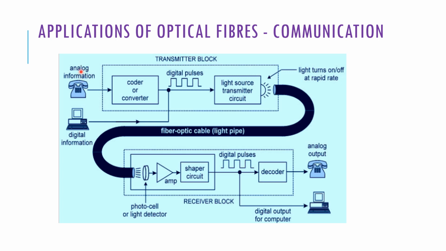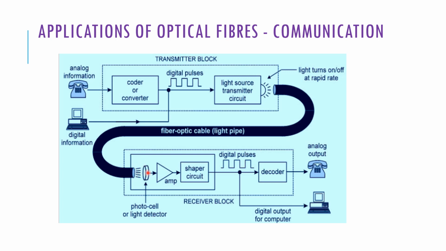The analog information, that is the voice, is getting converted to a code. So it becomes digital pulses. It enters into the light source transmitter circuit, where it will be converted to an optical signal, and this optical signal will enter into the optical fiber, and by total internal reflection it will reach the other end.